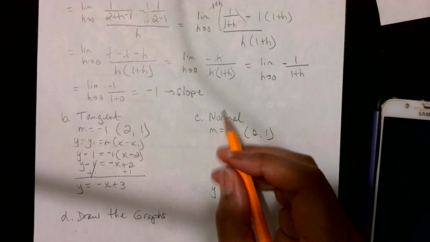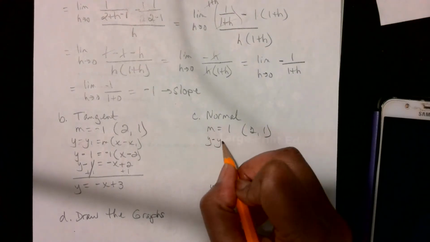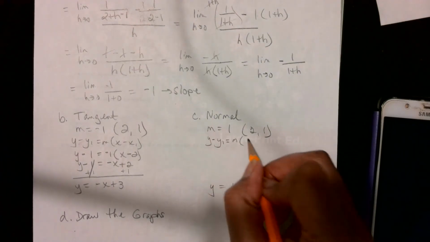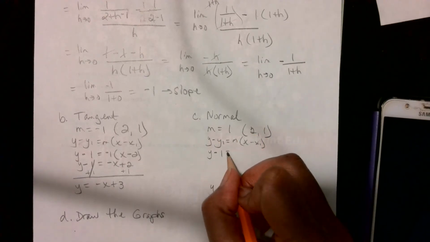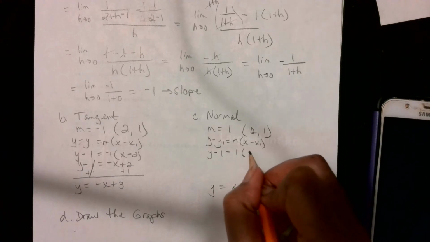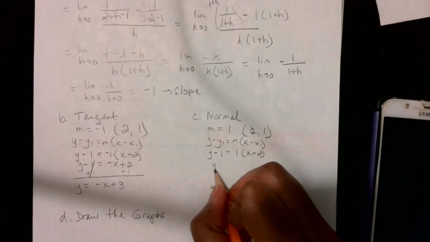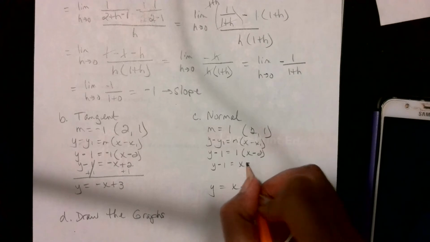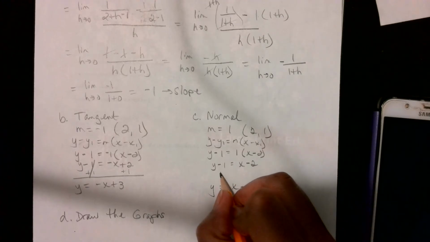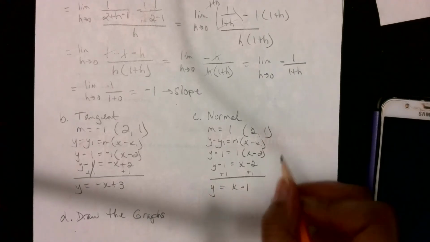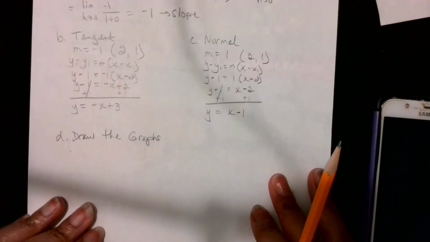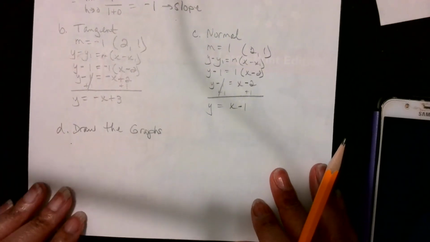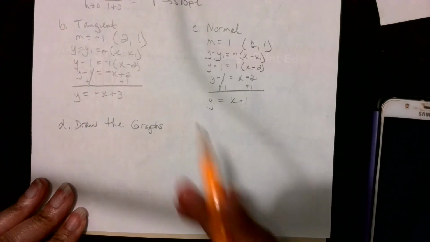And then the same thing for our normal. And that's how we get y equals x minus 1. And then let's draw our graphs.